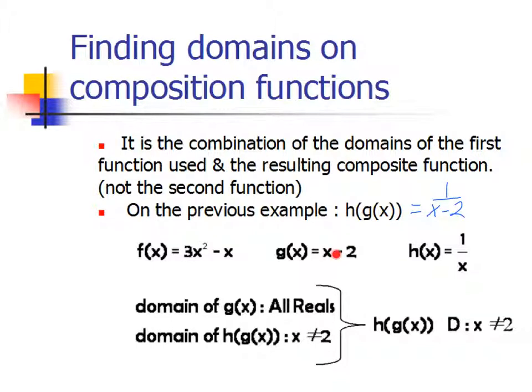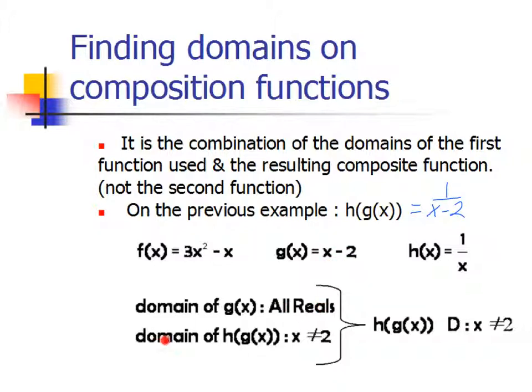But I immediately go plug it in to the other function, which changes this function entirely. So I never really used h of x by itself. So I don't care what the domain on h of x is. But once I've plugged that in, I have to then look at my result. So there's only 2 domains I'm looking at. I look at the domain of the original, and this one is not a fraction or a radical, so it's all reals.